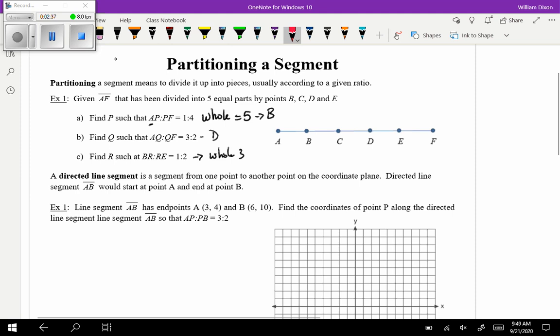Now I'm starting at B and I'm ending at E. So my segment starts at B and it ends at E. And I want to know where is that point that's going to break up that line into 1 to 2 pieces. If I move 1, it's going to be at C. Then I have 2 pieces remaining on the segment. So that's going to be C.